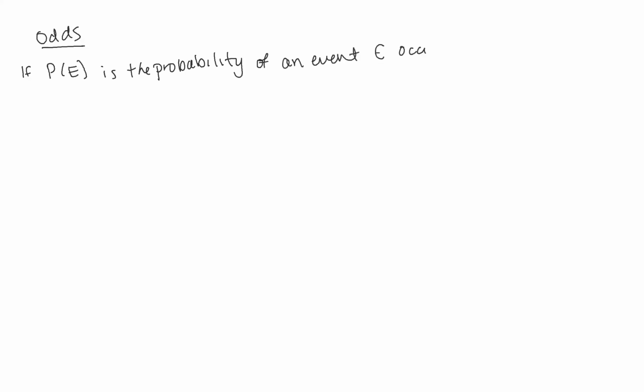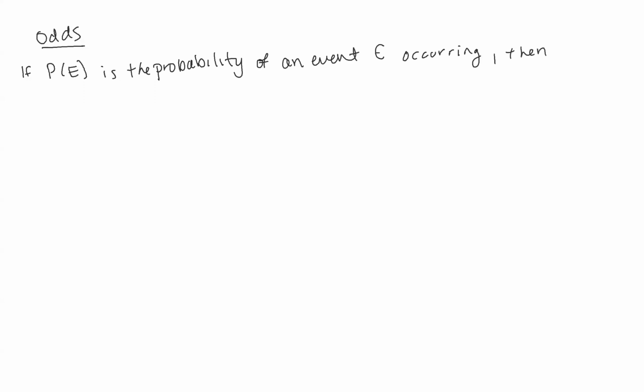All right, let's look at odds. When you're talking about odds, you're looking at the odds in favor or the odds against an event occurring. So if P of E is the probability of an event E occurring, then here are the two formulas you need to remember.